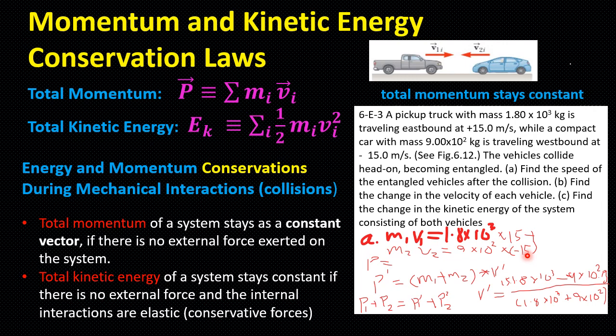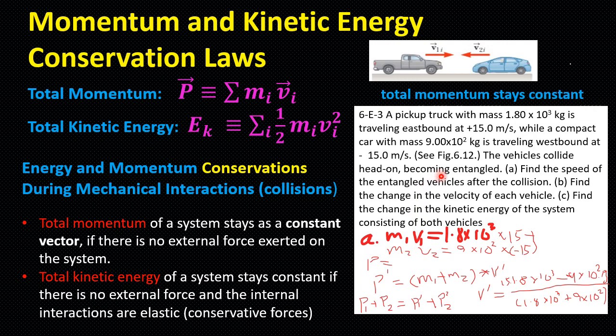Now P1 plus P2 should be equal to P1 prime plus P2 prime. Whenever I say prime, that means after the collision. But because they are entangled, they are actually together.